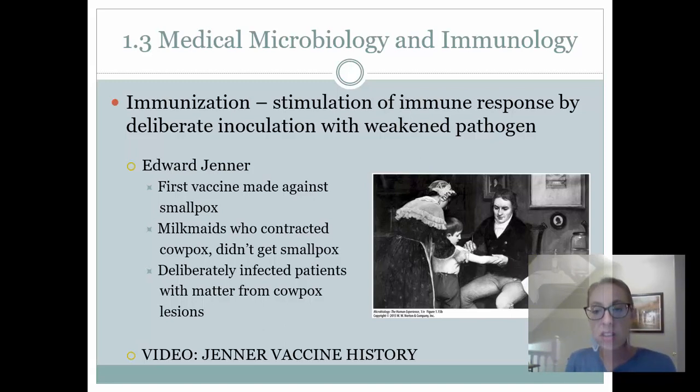So what's depicted over there is the deliberate inoculation of the boy with smallpox. He waited a period of time and then came back and put pus from smallpox into the boy in another lesion, and the boy did not develop smallpox.